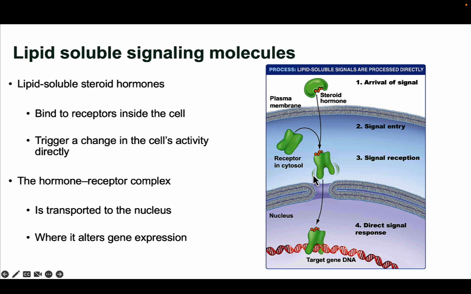So now the nuclear localization signal is visible, and then this can be brought into the nucleus where it can regulate gene expression. So we have the arrival of the signal and signal entry, and then we have signal reception and signal response. Very few steps in this signaling pathway when something can pass through the plasma membrane. So a very short, easy play that ends in a touchdown.